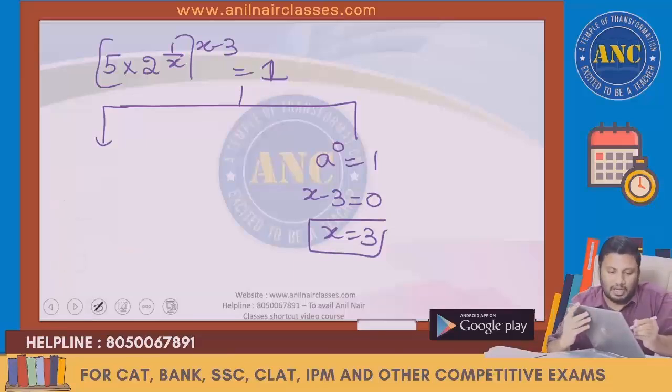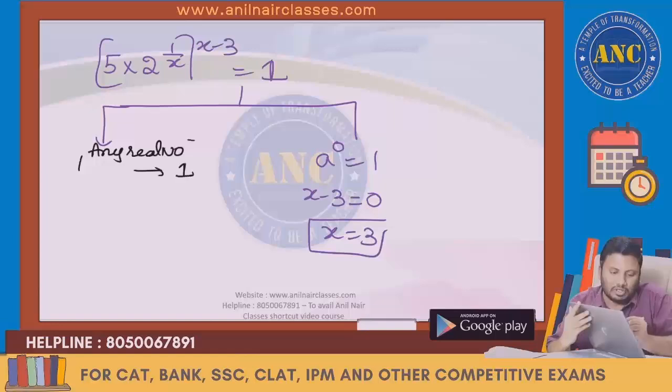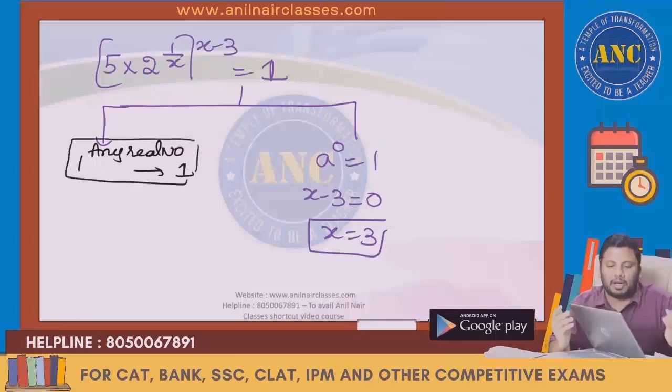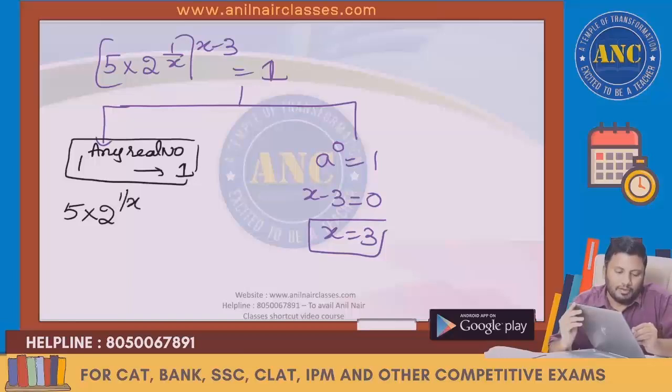But if you observe, 1 power any real number is also 1. So 5 into 2 power 1 by x is 1, so 2 power 1 by x is 1 by 5.